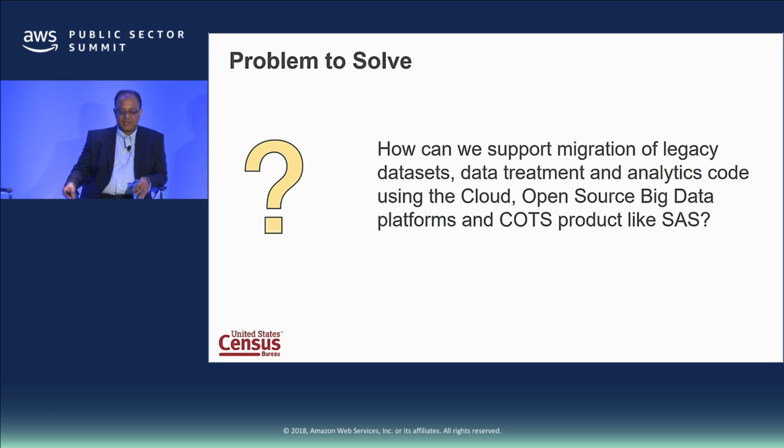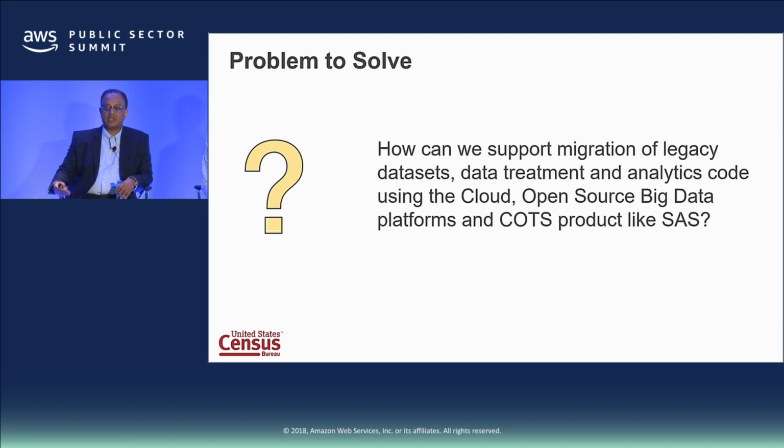So I presented to AWS, and AWS has done a good job. I don't know how many of you are aware, I think the first instance of a data lake was built by FINRA, but it was built with all AWS capability. So the challenge I presented to AWS was, I don't want to use only AWS capabilities.